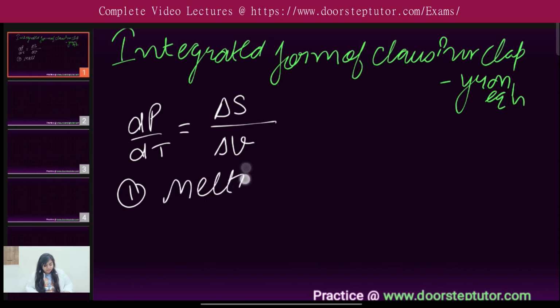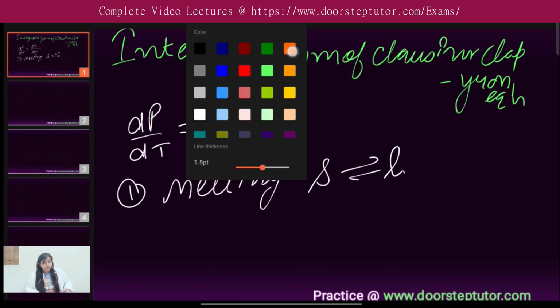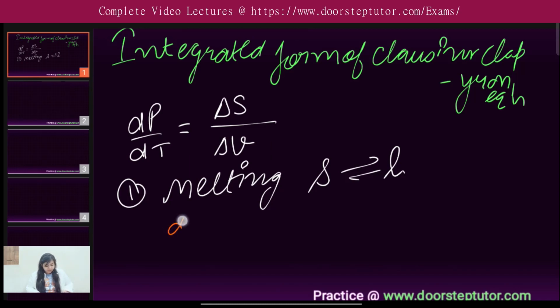In the melting process, what happens is that solid is in equilibrium with the liquid, that is a reversible phase transformation between the two phases. So for this particular case, our dP by dT will be written as delta S for the melting or the fusion process upon the change in the volume.